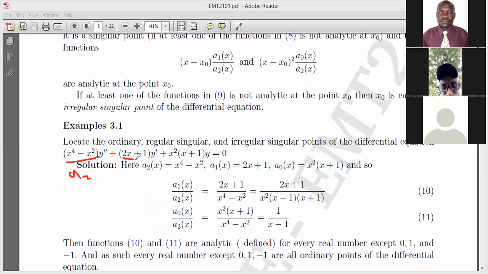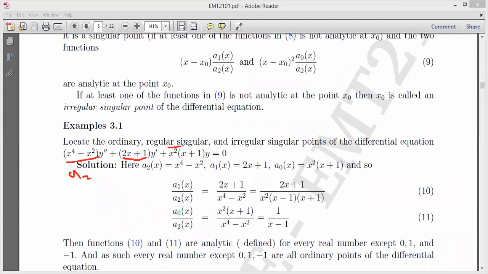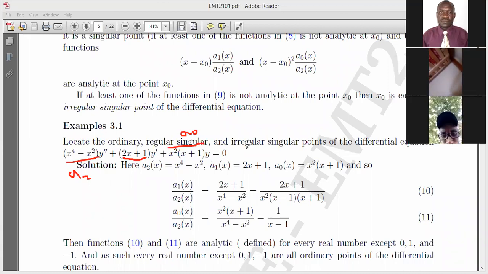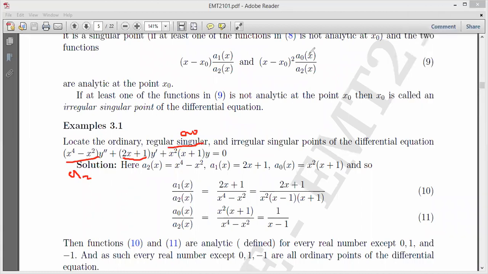A2 is x to the 4 minus x squared. Then this is A1, and this whole thing here is A0. So these are the ones. Remember, we had A1 over A2, and then we also had A0 over A2.